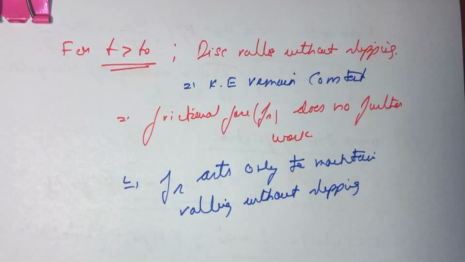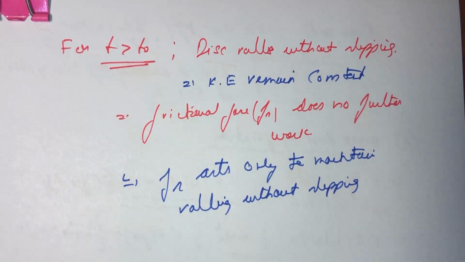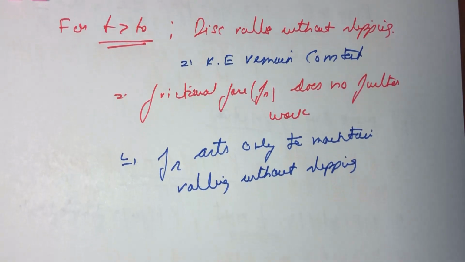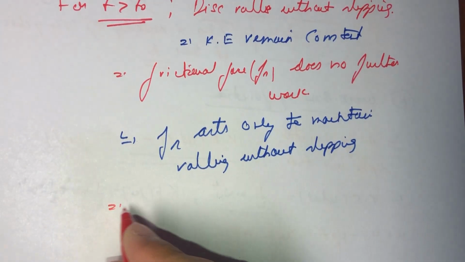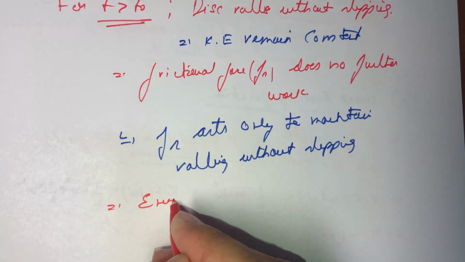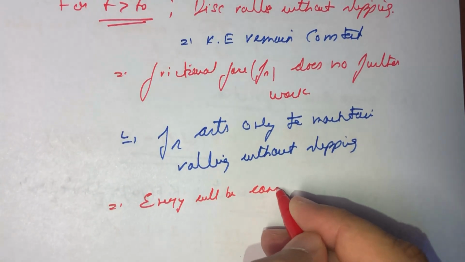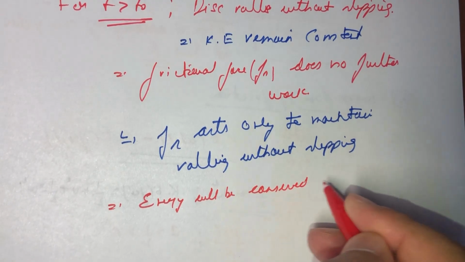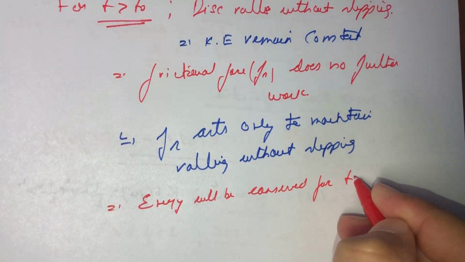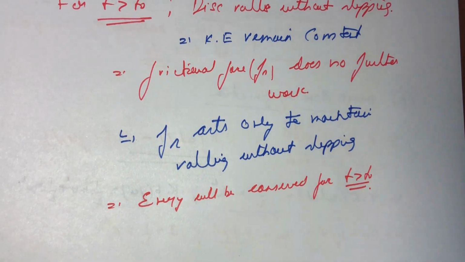Therefore, the energy will be conserved for t equal to t naught, and energy will be conserved for t greater than t naught.